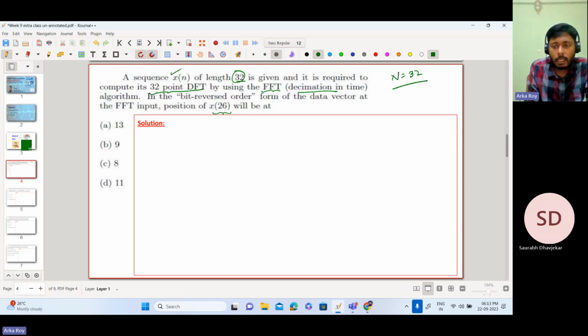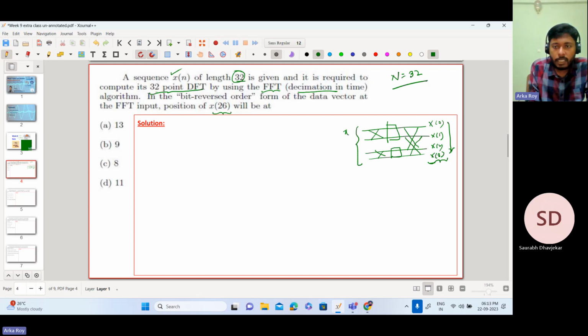While making the butterfly structure, we saw, for example, a 4-point DIT FFT. In the last class, we saw these kinds of structures. Even though at the output side it is x0, x1, x2, and x3, following a particular order, so the indices are arranged in an orderly fashion, at the input side the input sample sequence is messed up.